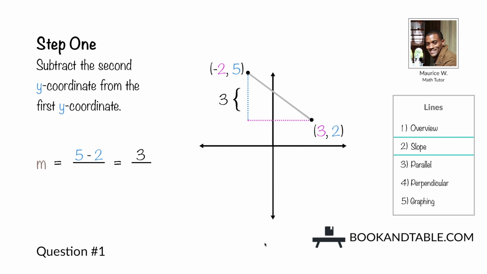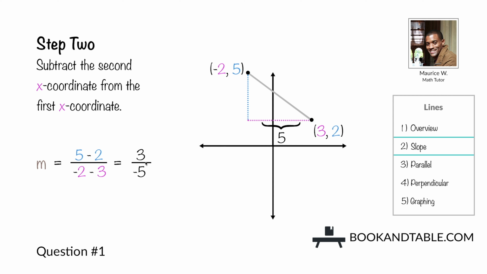So for each of these, our first point will be the one furthest to the left, and our second point will be the point furthest to the right. So question number 1, step 1, subtract the second y-coordinate from the first y-coordinate. So that would be 5 minus 2 in our numerator, which gives us +3.